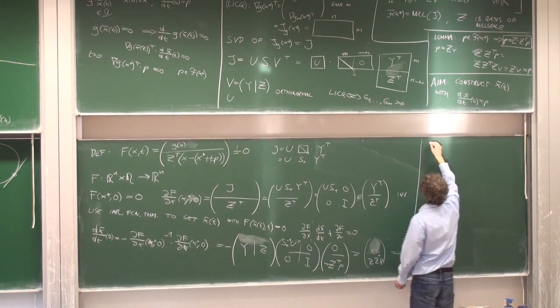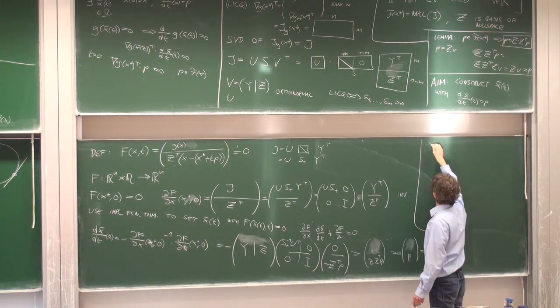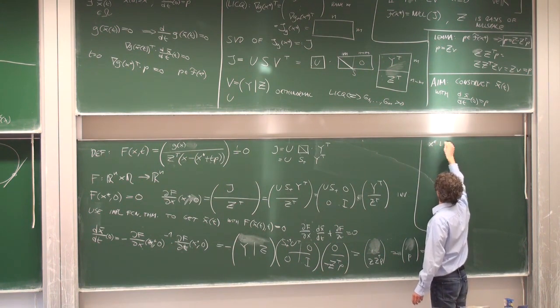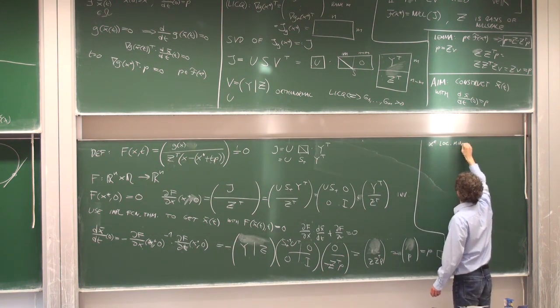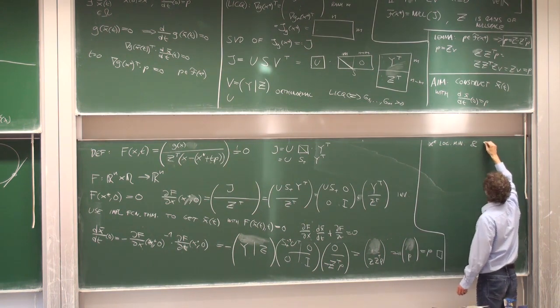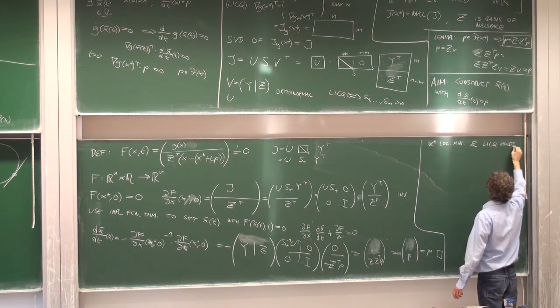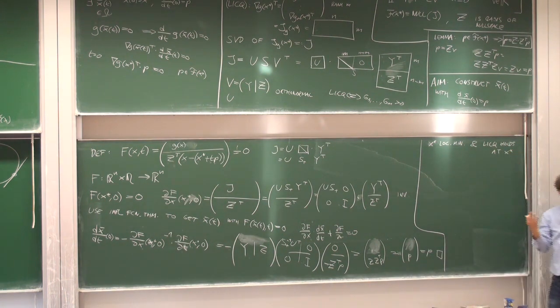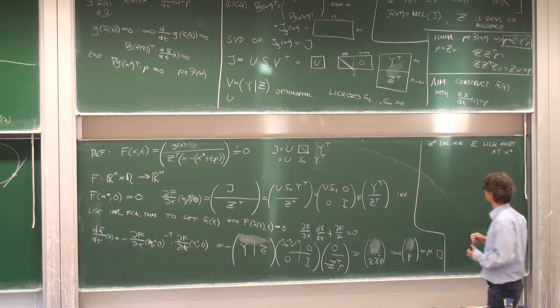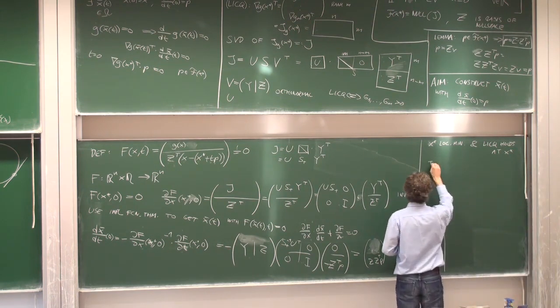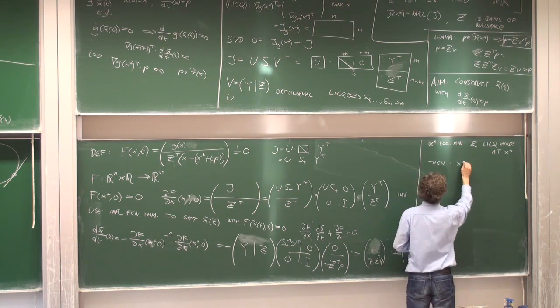So it's actually saying, let's assume that x star is a local minimizer, and LICQ holds at x star. So this is of course an extra assumption, we didn't make it before, but if we make these two things, then, okay, x star is feasible.